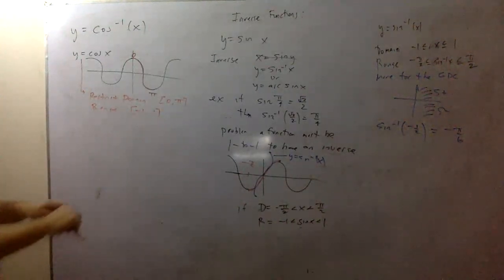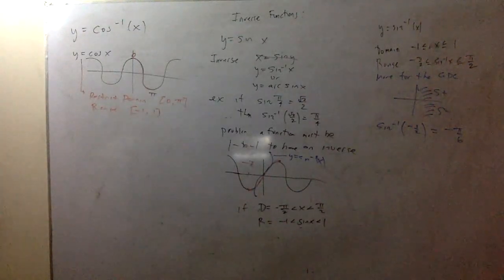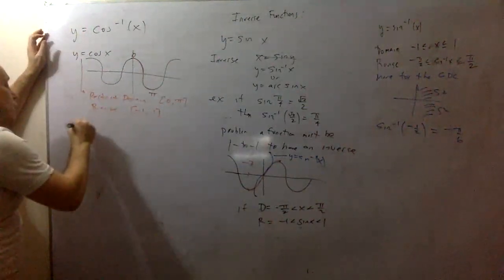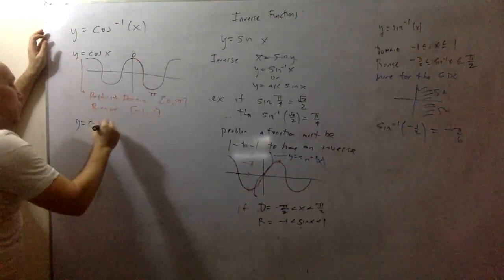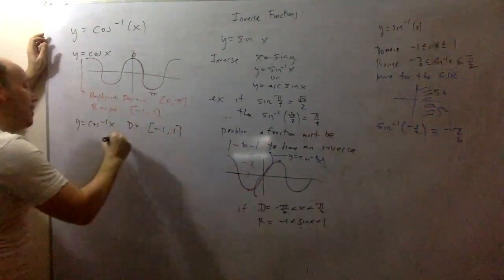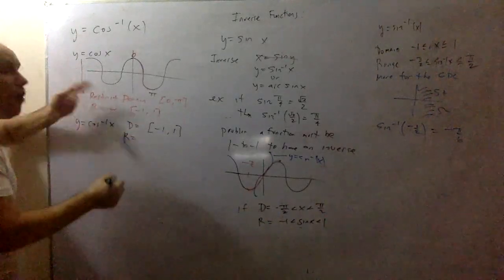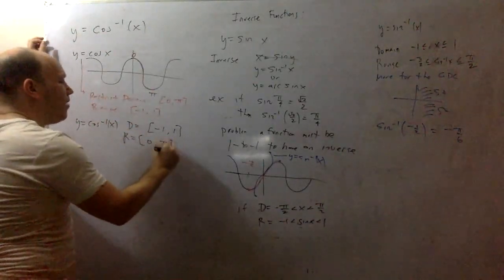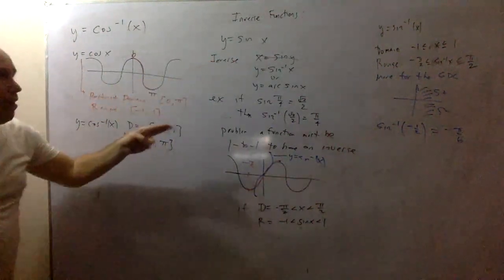But what we've done is that for the inverse cosine, the domain is now negative 1 to 1, and the range, or the output, is now from 0 to pi.